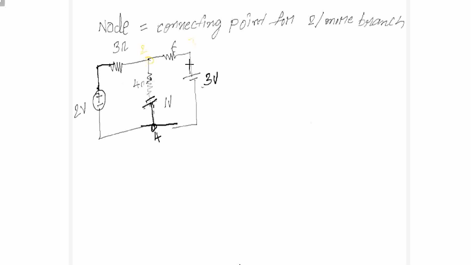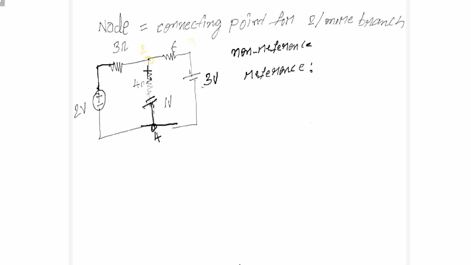Among the essential nodes, we have to categorize the reference node and the non-reference node. A reference node is nothing but where a larger number of branches are connected and where the voltage sources are connected directly.